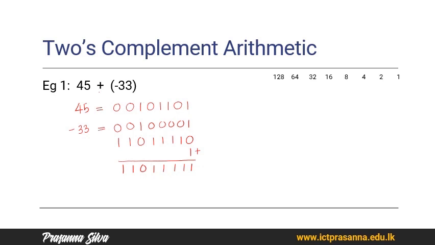Now since we have found out both the values in 2's complement, we can simply add them. And negative 33 as well.